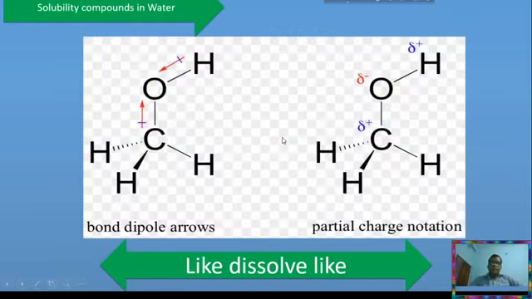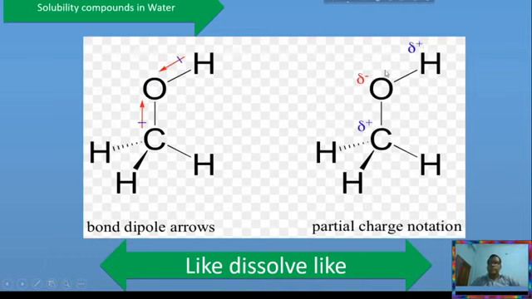So look at another picture. This is methanol. This is alcohol. There is oxygen. The electronegativity of oxygen is greater than carbon and hydrogen. That's why these two bonding electrons will be attracted more to the oxygen, and it will become partially negative, and this carbon will be positive and this hydrogen will be positive.